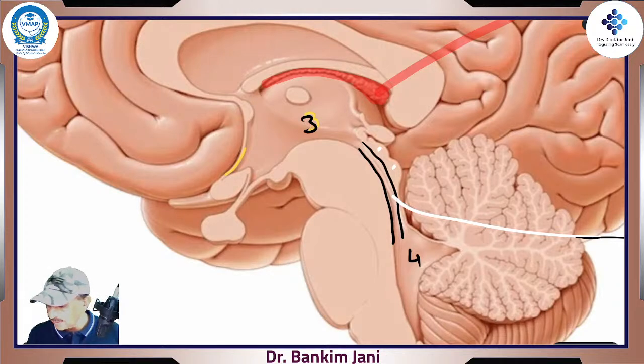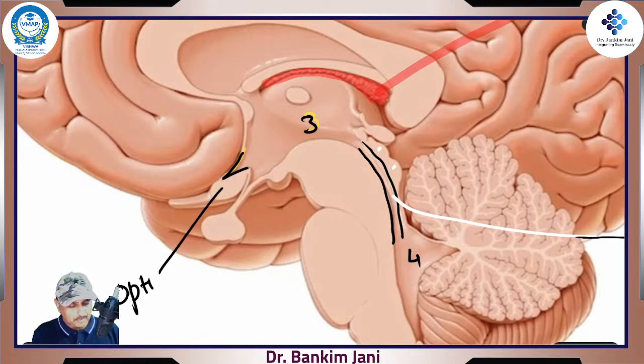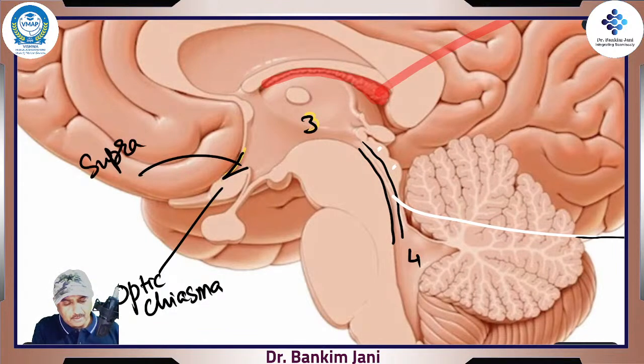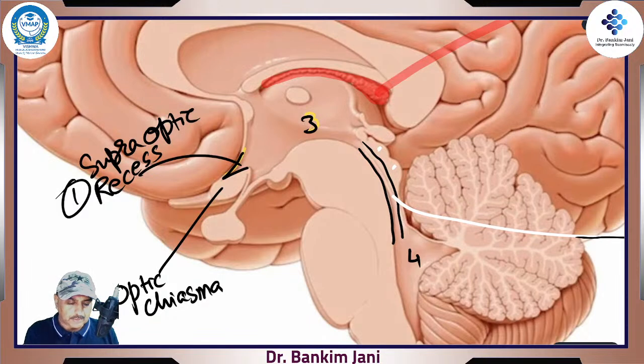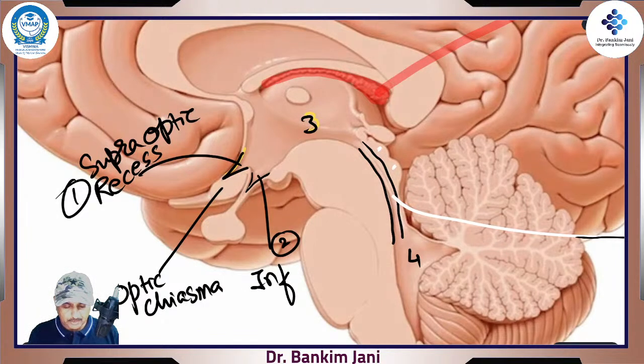See, in this, I'll zoom it because that's what we just saw, right? So let's see this. This is the optic chiasma. This would be the supraoptic recess, one, right? And then once again, this is the second recess. That one is the infundibular recess, right?